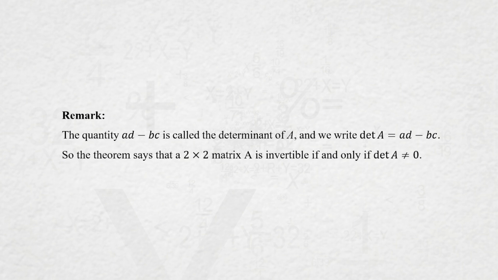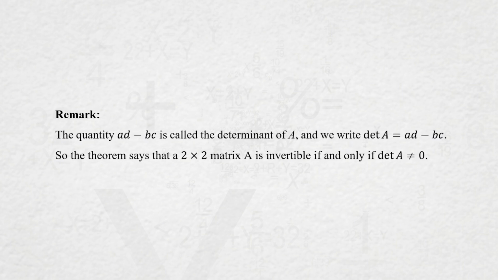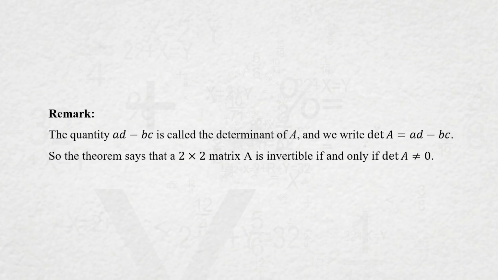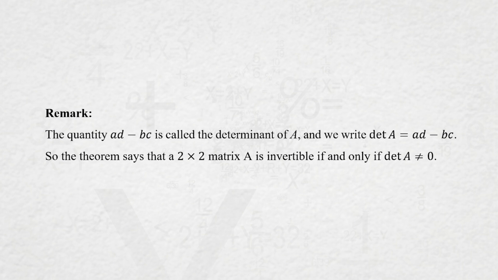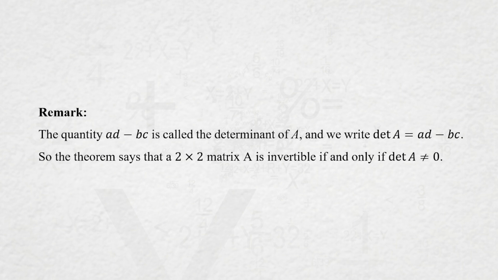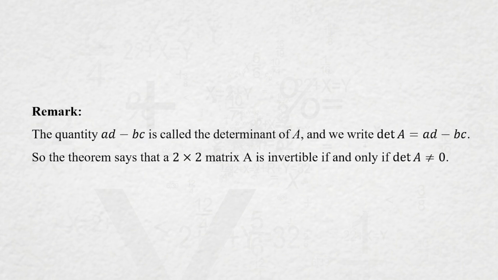The quantity AD minus BC is called the determinant of A, and we write determinant A is equal to AD minus BC. So, the theorem says that a 2 cross 2 matrix A is invertible if and only if determinant A is not equal to 0.